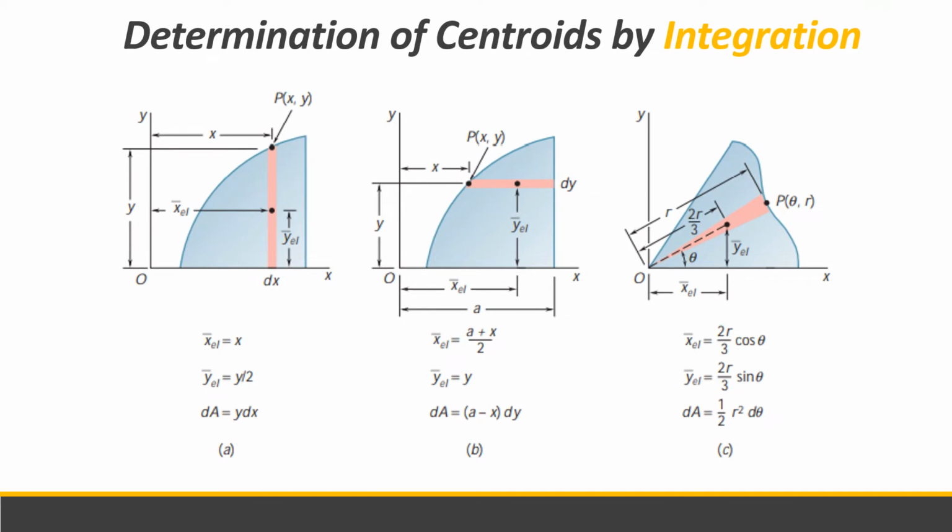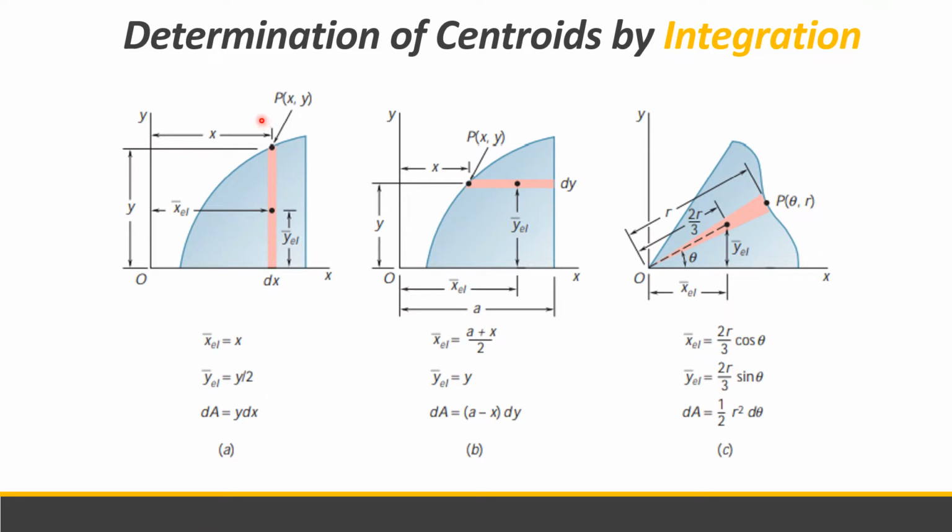Now, in doing centroid by integration, meron tayong three common types of elements. So that is the vertical strip.